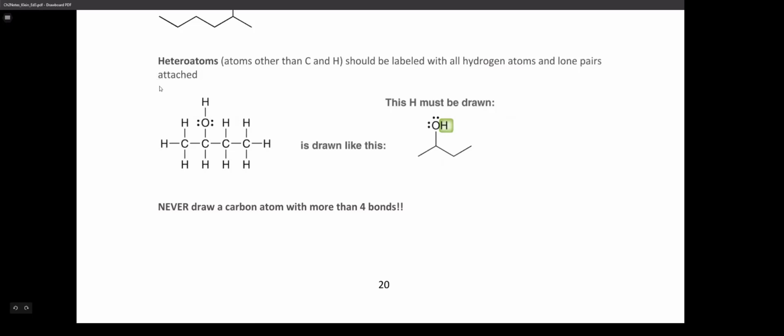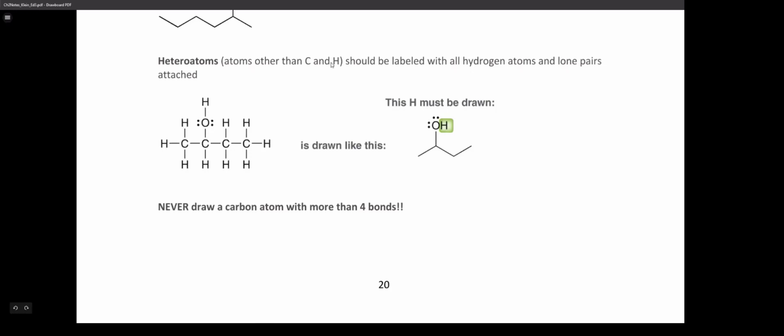So the bottom of page 20. Heteroatoms is any atom other than carbon and hydrogen. So the two most common heteroatoms in organic chemistry are? Oxygen and nitrogen. Very good.